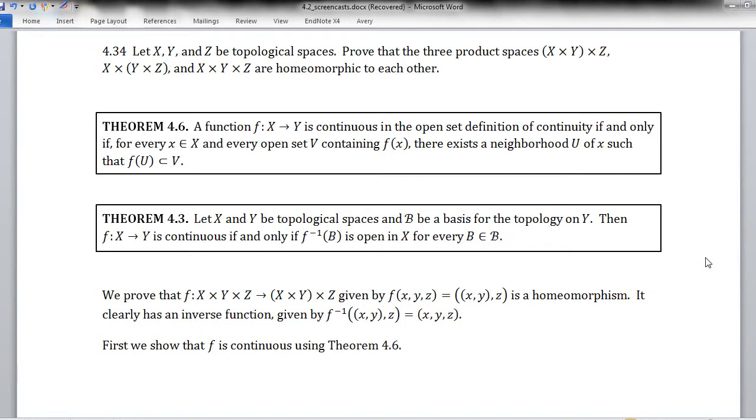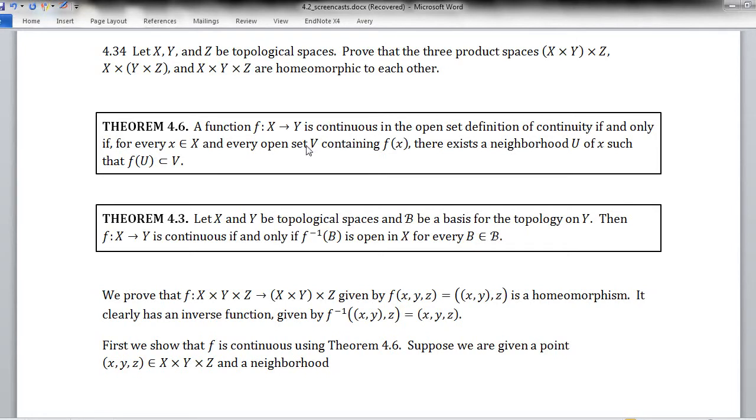using Theorem 4.6. This is sort of the local characterization of continuity, right? We're looking near a point x in the domain. In our case the domain is this triple product, so a point in there would be (x, y, z), and we're supposed to take a neighborhood of its image.